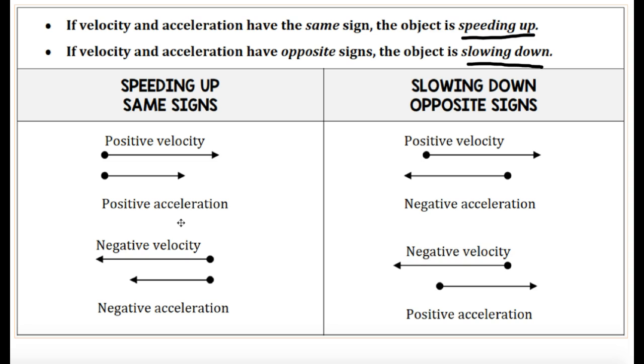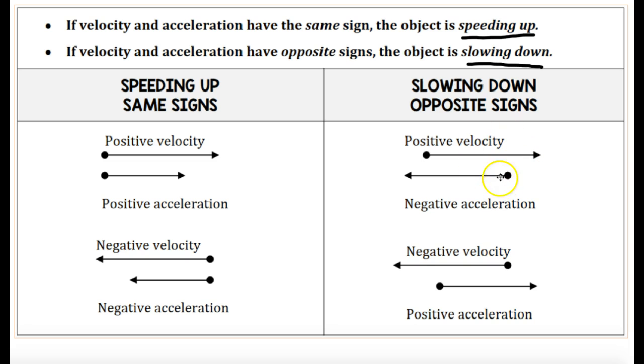Meaning, if I'm moving to the right and my force is pushing me to the right, then I'm speeding up. If I've got a positive velocity and a positive acceleration, my object is speeding up. Same though if they're both negative. Negative velocity just means I'm moving to the left. Negative acceleration means the object is being pushed to the left. So if both of those things happen, my object is also speeding up.